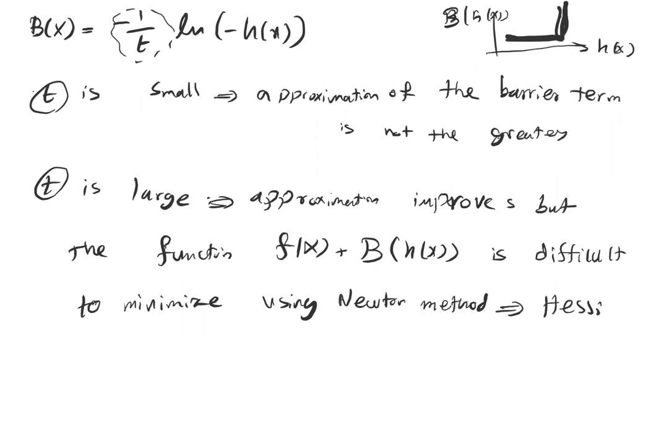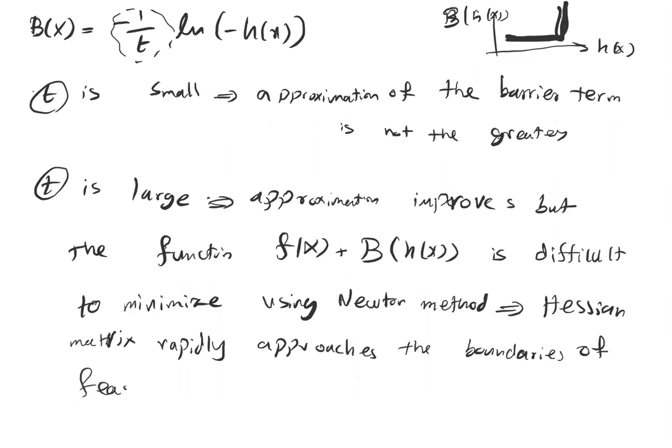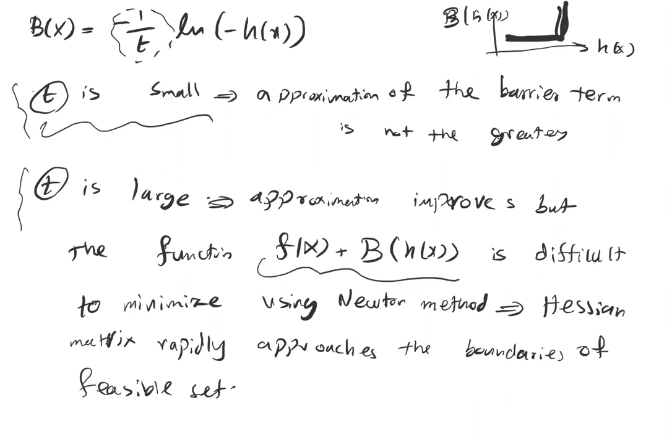Because the Hessian matrix rapidly approaches the boundaries of our feasible set. So if t is very small, the approximation of the term is not great. So we don't want this scenario. If t is very large, then the approximation increases, but the function f of x plus b of h of x is difficult to minimize.